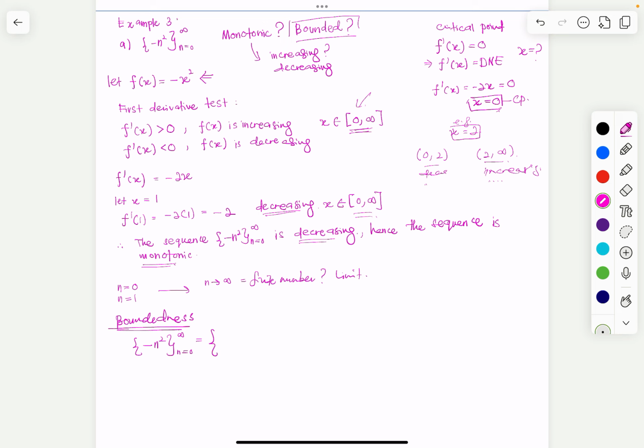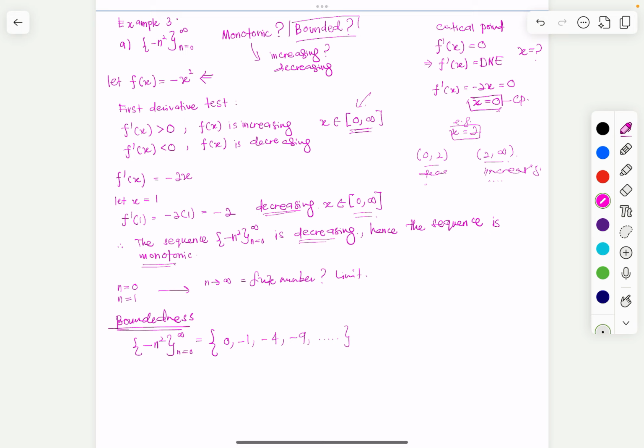Starting with n equals 0, negative 0 squared gives 0. If n equals 1, negative 1 squared is negative 1. If n is 2, we get negative 4. If n is 3, we get negative 9, and so on until infinity. So this sequence goes from 0 to negative 1, negative 4, and negative 9.